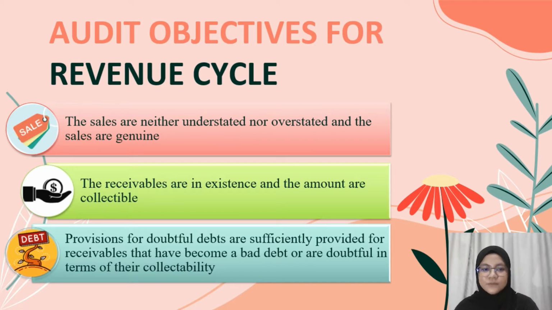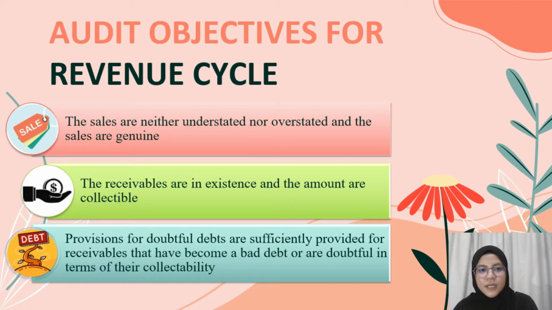For example, there is a risk that not all of the sales are recorded in the statement, because when management wants to decrease their tax, they may hide certain sales to avoid paying higher tax. So, the auditor's duty is to detect that all sales are recorded completely.